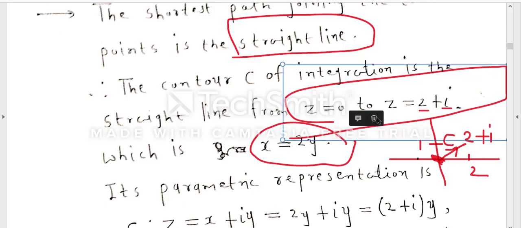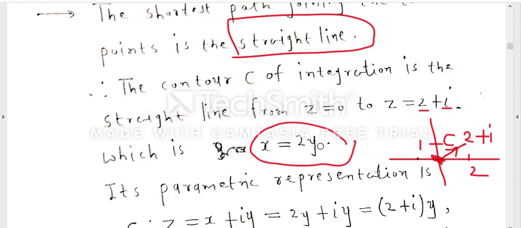It will satisfy this. If I put x equal to 0, I will obtain y equal to 0, so I will obtain this point. If I put y equal to 1 here, I will obtain x equal to 2. So I will obtain this point (2, 1). So this is the simple equation of a straight line passing through the origin.